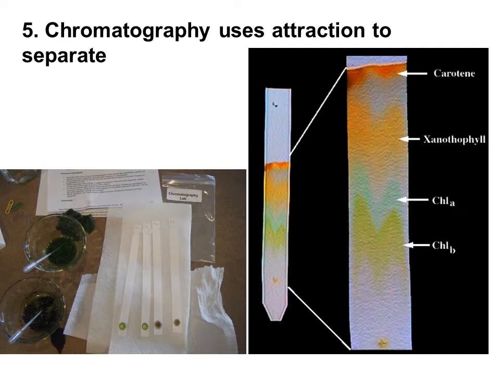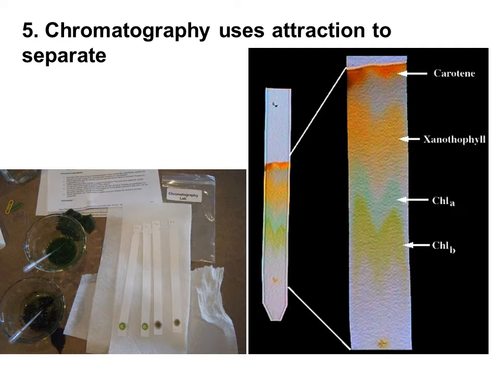Then you take the paper and stick it into a test tube that has acetone at the bottom. The acetone will migrate up the paper. It will therefore separate out the different pigments. It will separate out 4 pigments: chlorophyll B, chlorophyll A, xanthophyll, and keratin.